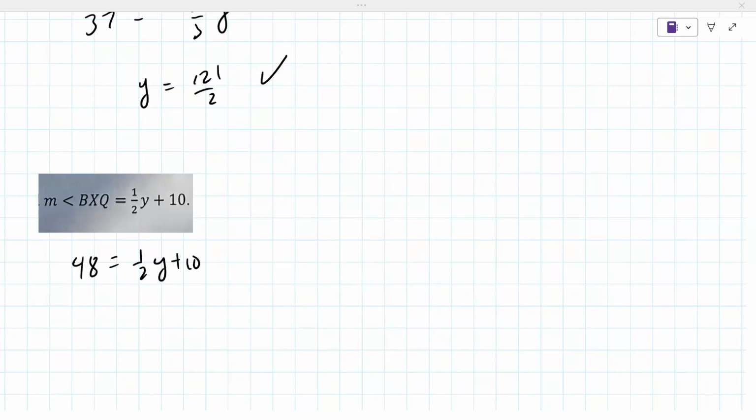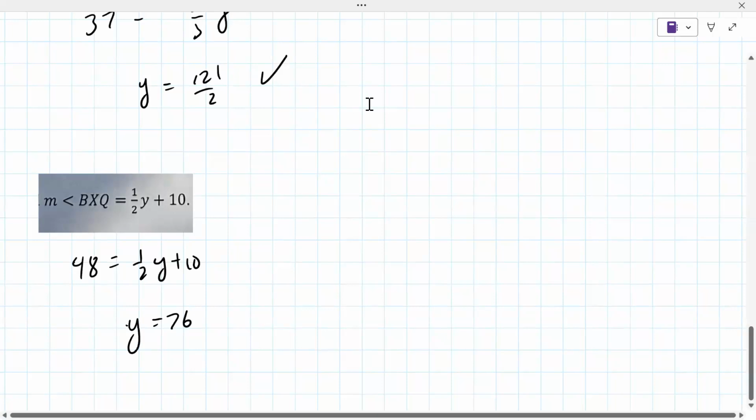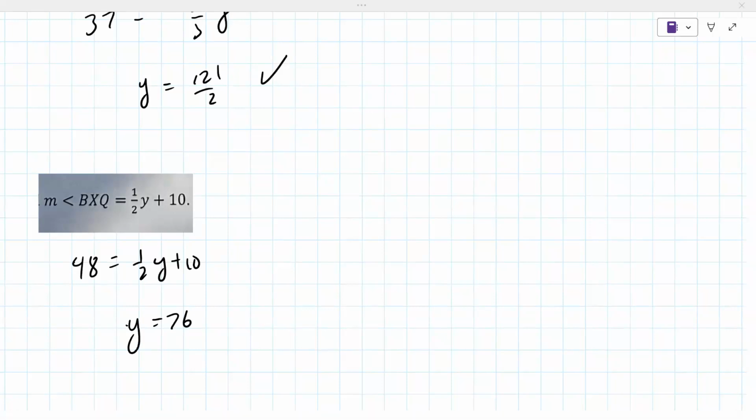Y equals 76. Very good. And you already found the angle measure, so that's everything.